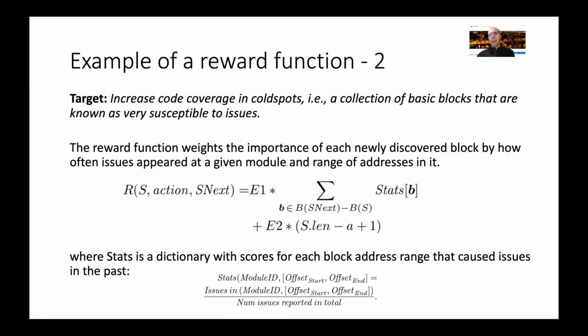For example, think that you have some code areas that are very prone to problems, and you would like the fuzzing process each time to touch those areas because you know that they are prone, but they are hard to find. So you can write a formula like this for the reward function to make the fuzzing algorithm look more for those code spots, the set of code spots that you set.